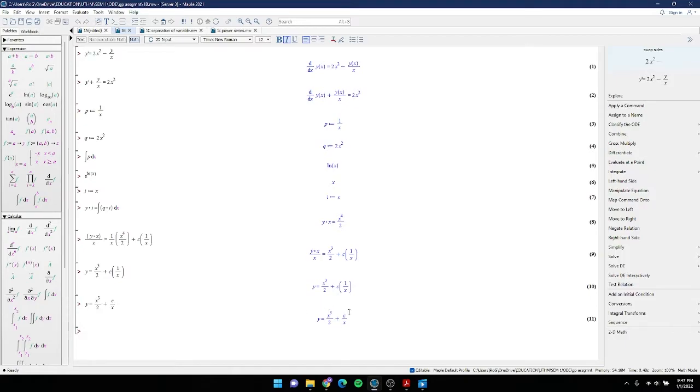Then this is the final answer. The final answer is y equal to x power of 3 over 2 plus c over x. So we have proved the general solution. Okay, that's all for question 1b.